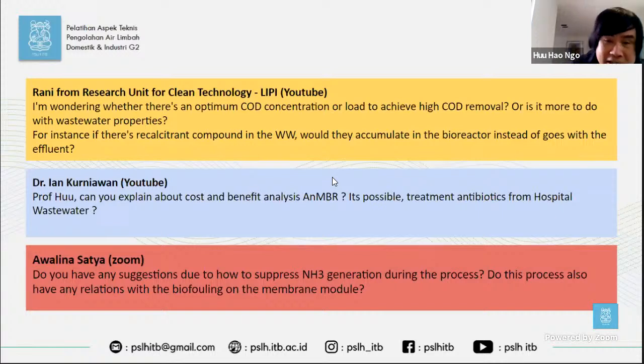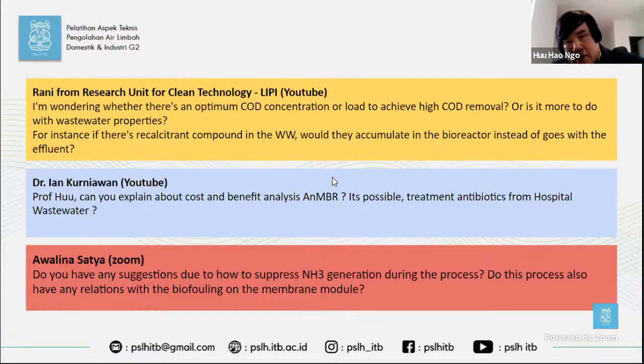So when it's less, for example like municipal wastewater treatment, when we use an anaerobic MBR, we have to think of condensing the COD concentration. That's the reason we use forward osmosis, because a higher COD concentration is better for an anaerobic MBR.